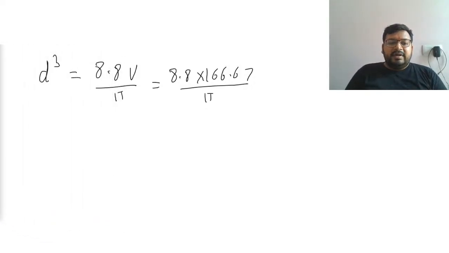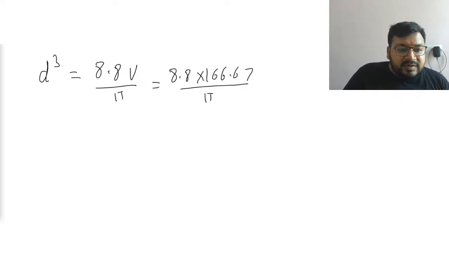So we can calculate: 8.8 into 166.67 divided by 3.14.